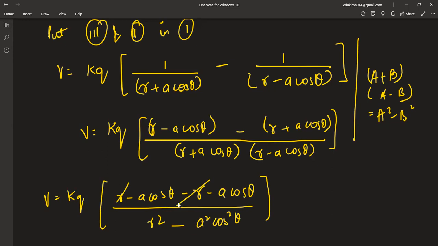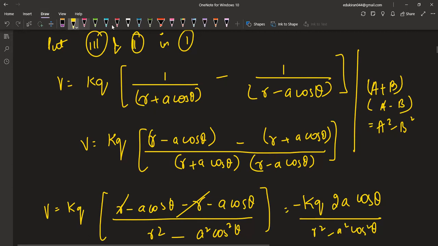R minus R will be cancelled. Now see what all things we are left with. KQ, we are left with a minus sign. This minus sign I'm keeping. And 2A cos theta divided by R square minus A square cos square theta. Can any one of you tell me which quantity this is?